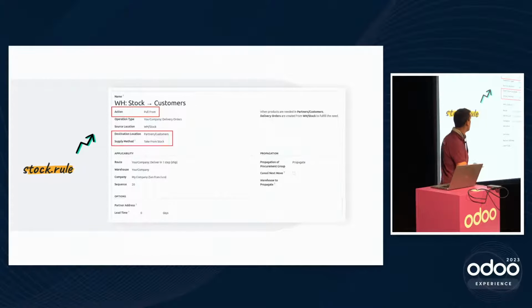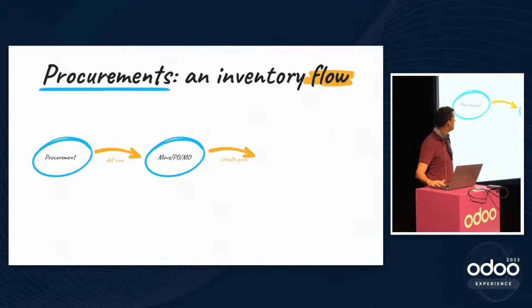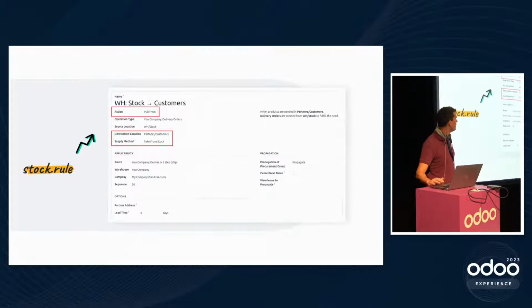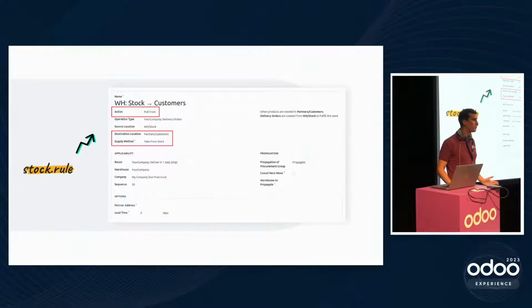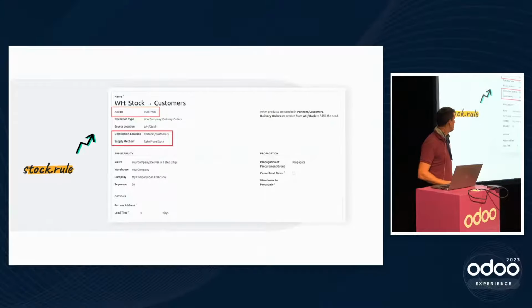The last argument we see, the supply method, means: do I need to create another procurement after the object, or do I stop there? If my supply method is trigger another rule, I know that I have to create another procurement and continue the chain. Otherwise, if it's take from stock, I stop there, I don't create any more procurement, and it's over.